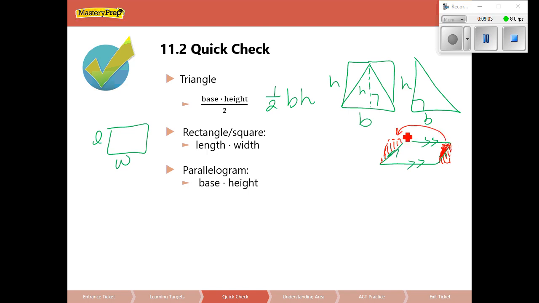So I can almost take it and move it over there and get back to this rectangle with the exact same area, or vice versa. I could go through the proof of it, but that would bore you all to tears.